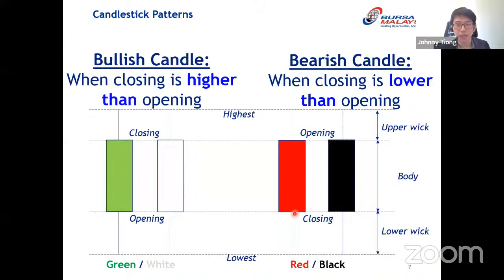Normally in our technical charting, there are two colors, either red or black. So again, there are two types of candle, bullish and also bearish.